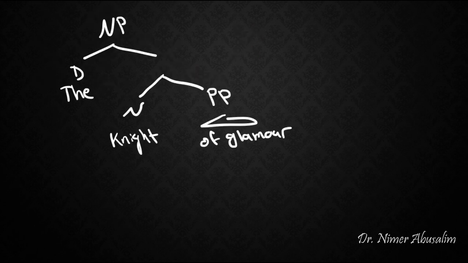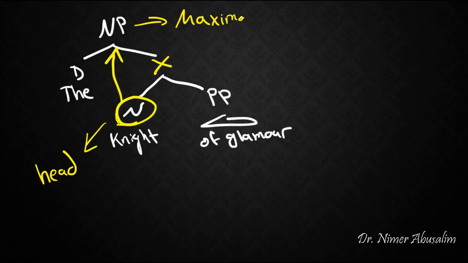Now going back to this one, we called this unknown node an X. It would make sense to call it something in between N and NP. Recall, N is the head of this phrase. NP is what we call a maximal projection. The idea here is that this N projects upwards its features, and that's why we call the phrase a noun phrase instead of a determiner phrase or a prepositional phrase in this case.